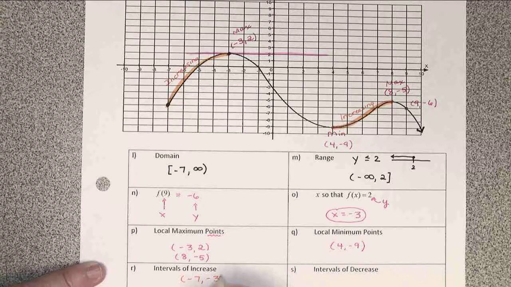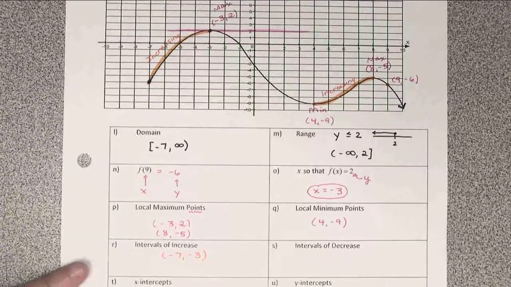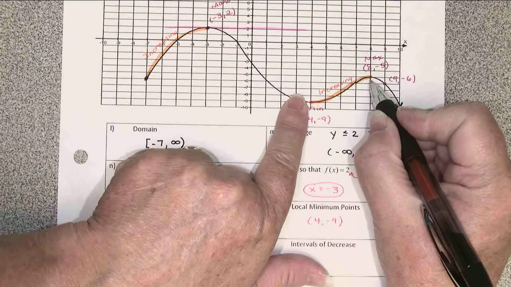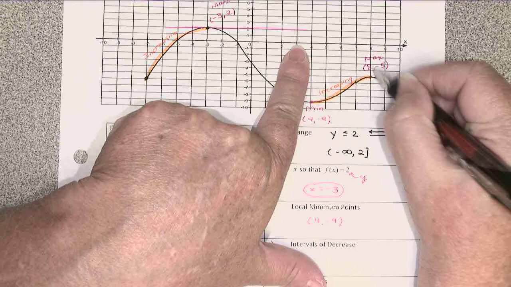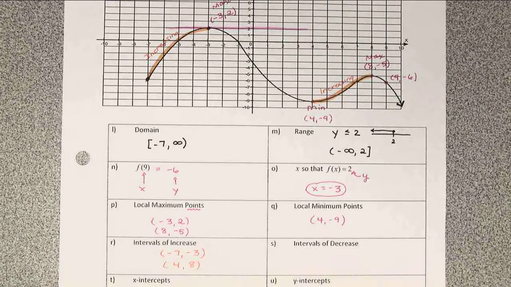I never include the endpoints when I'm talking about increasing and decreasing. This section over here goes from x equals 4 to x equals 8. So there were 2 intervals of increase.